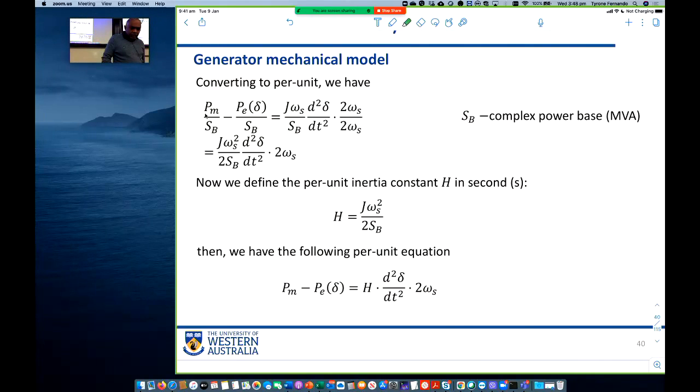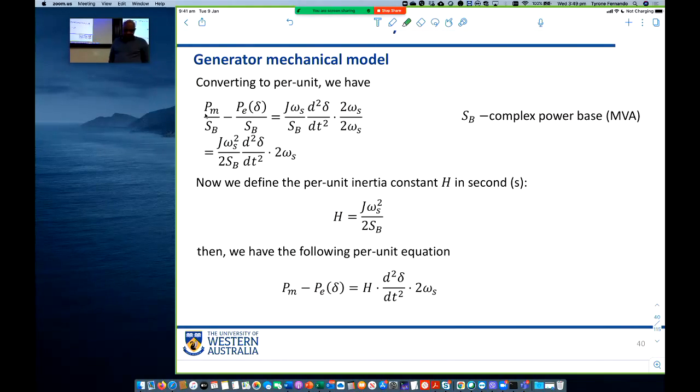Converting to the per unit system, you need to divide everything by the power base, SB. We divide top and bottom by the same number, 2 omega s on 2 omega s, so we don't change the equation, and we can then define H to be that constant.